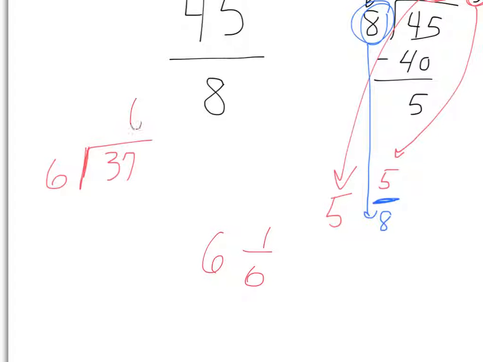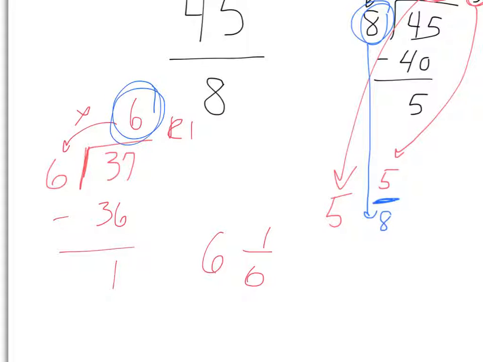He knows that because the 6 goes here. Multiplying these two gives you a 36. We remember to always subtract, giving you a remainder of 1. So it becomes 6 and 1/6. That's where that answer comes from. Again, the same exact setup. Are we okay with that?